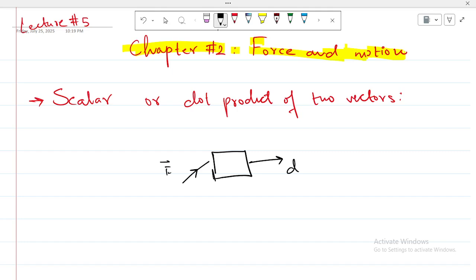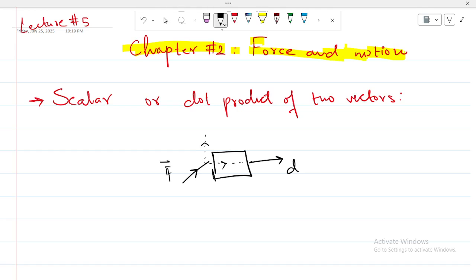In previous videos, we discussed how the force actually has two components. One is the vertical, and the other is the horizontal, or the one in the right direction. So this force has two components, and we're trying to displace the cart in this direction.